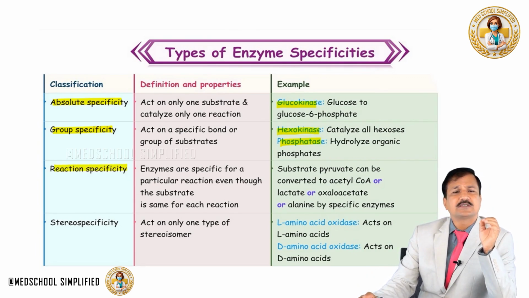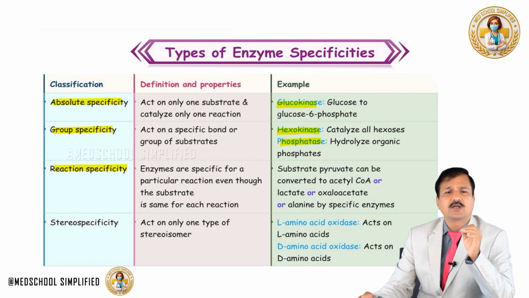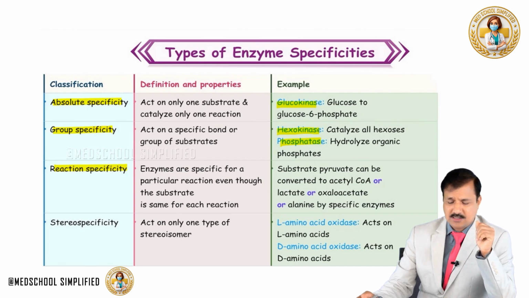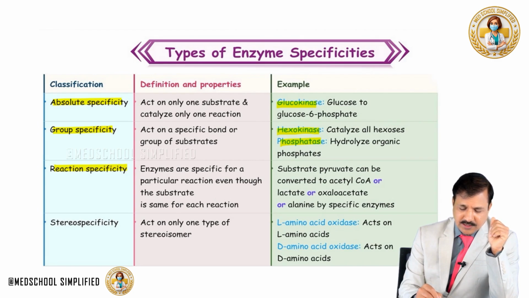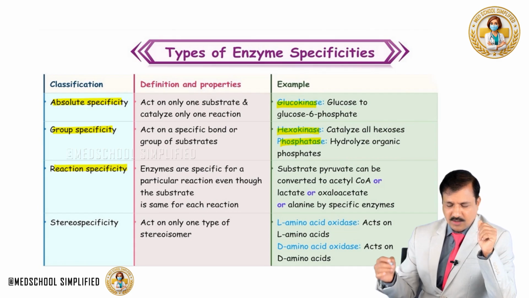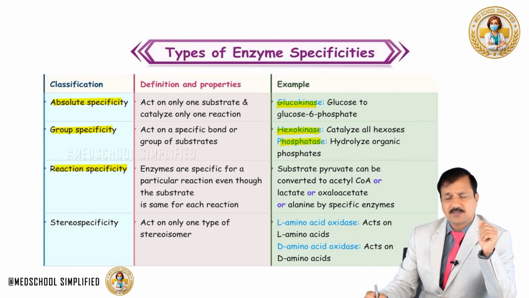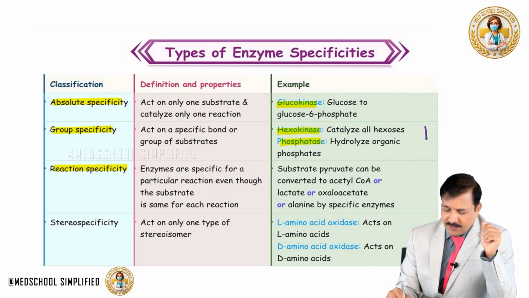Reaction specificity is enzymes are specific for a particular reaction even though the substrate is same for each reaction. Example, a conversion of pyruvate into different products. So let me write down that so that we understand exactly how a reaction specificity goes. So pyruvate is a central molecule now for us.